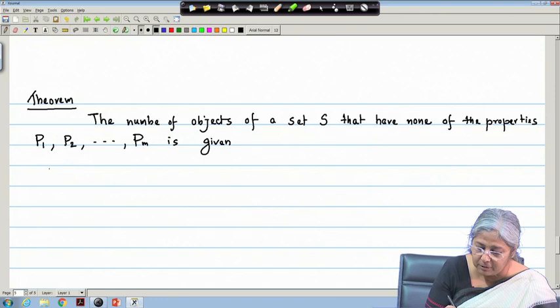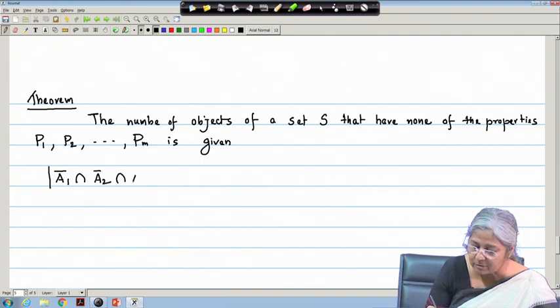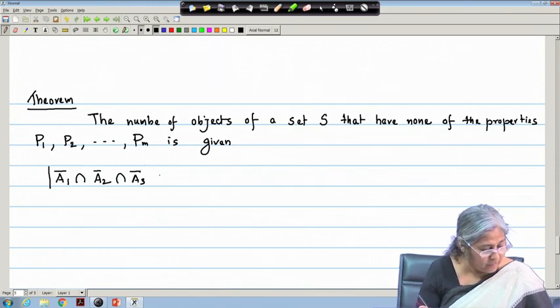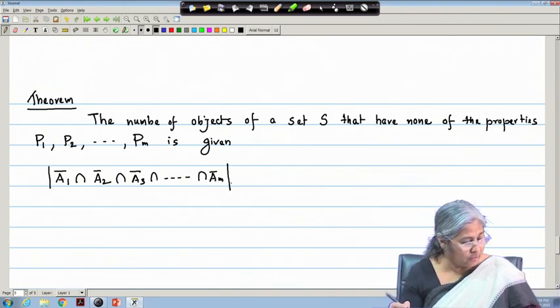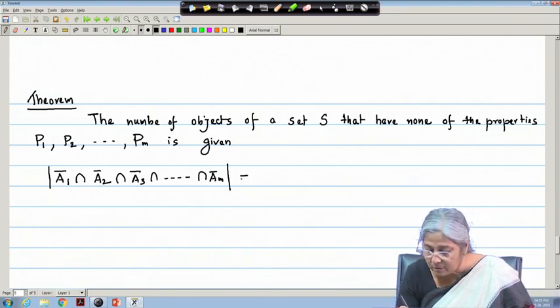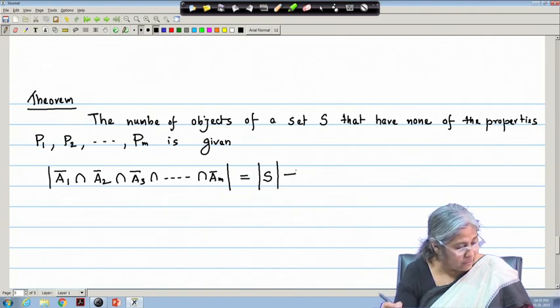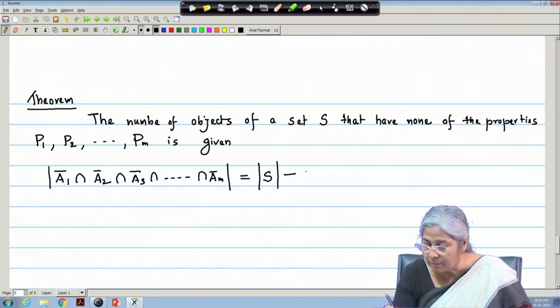So, it will give us that the cardinality of A1 complement intersection A2 complement intersection A3 complement up to Am complement is equal to the cardinality of the set S minus the number of elements having each property.